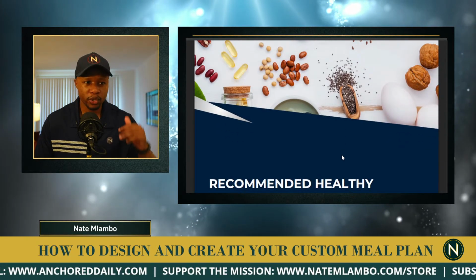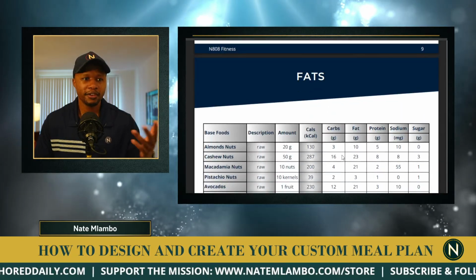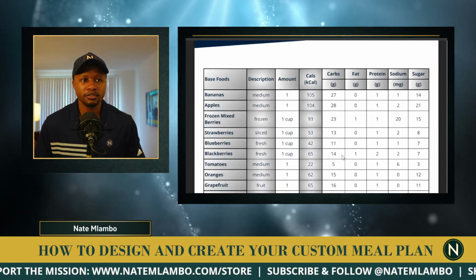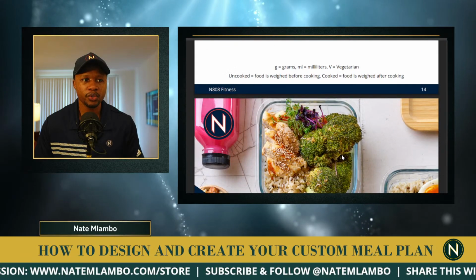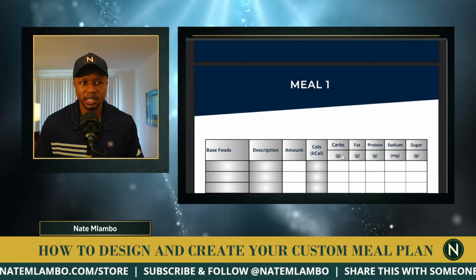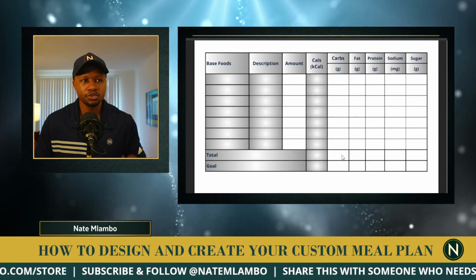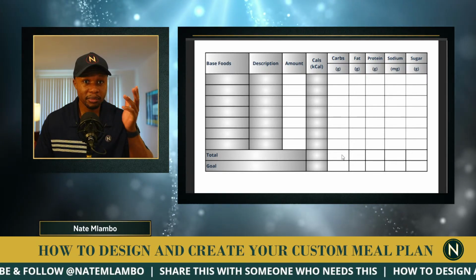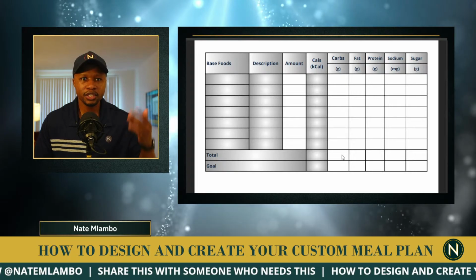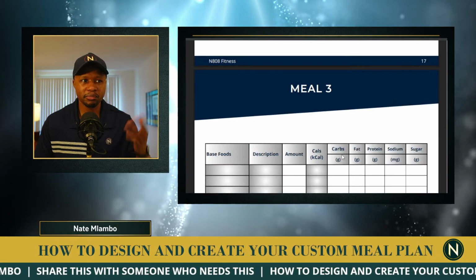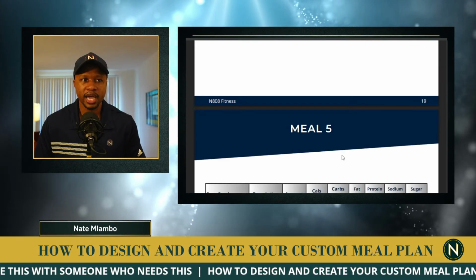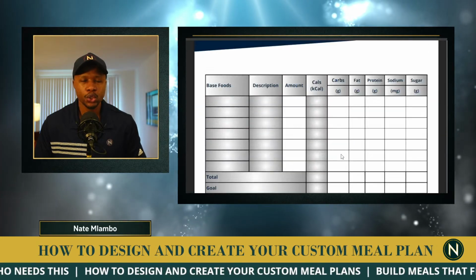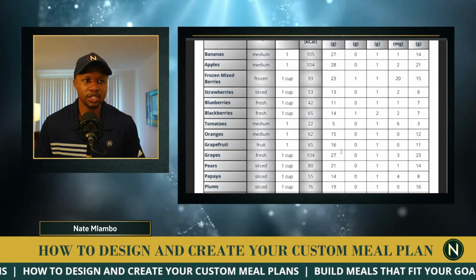With this list, I broke it down into carbs, fats, protein, veggies, fruits. And then you also have this template that you can fill out, very similar to what MyFitnessPal has. So if you're someone who says, I just want to do it on paper, I don't want to use MyFitnessPal, you can still do it, right? You can use a template and just add your meals so you know what your meal plan looks like. So this is something that you can utilize.